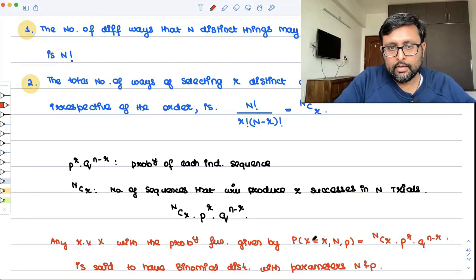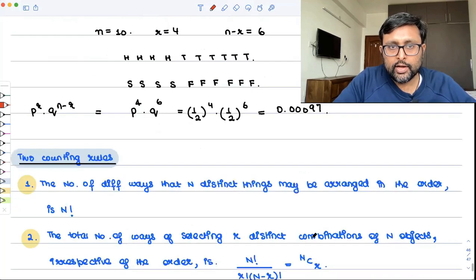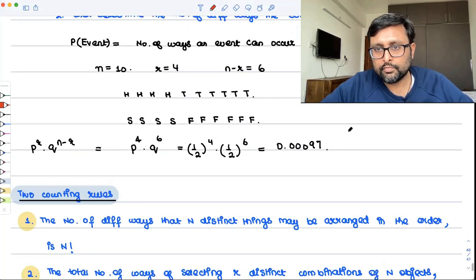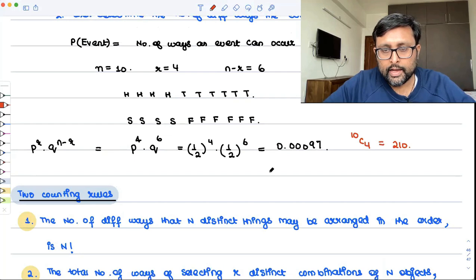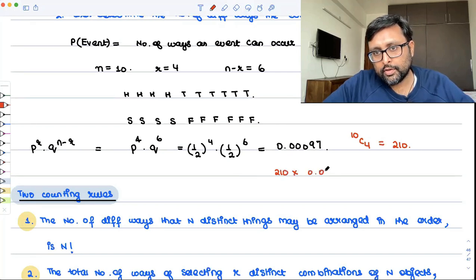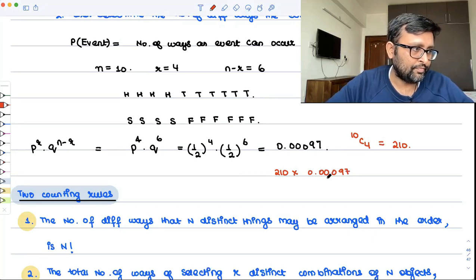So in our case, your nC4, when you do this, will come out to be 210. And the probability that you'll get 4 heads in 10 tosses is going to be 210 into 0.00097.